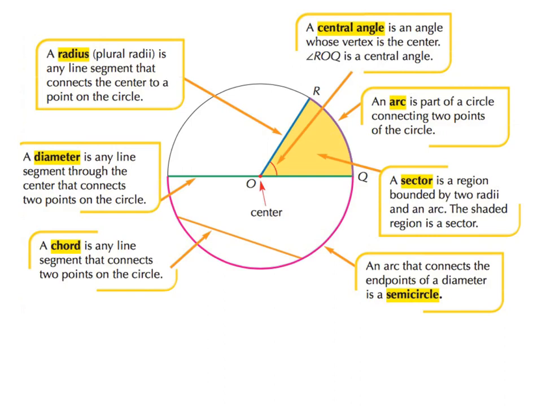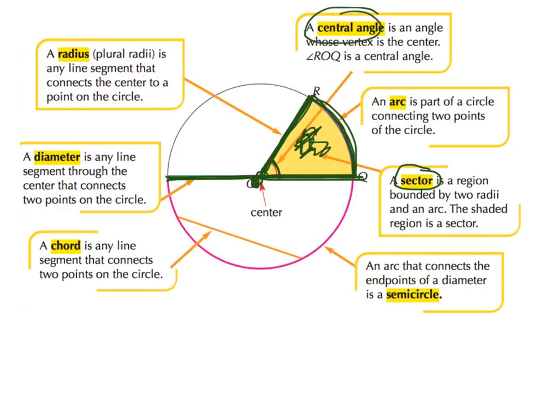Now we have all the definitions together. What is this line called? It's called a radius. What is this segment called? It's called the diameter. What is this region called? It is called a sector. What is RQ called? It is called an arc. What is this angle which is formed by 2 radii and the center as the vertex called? Central angle.